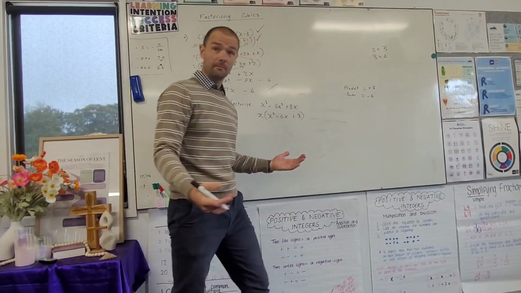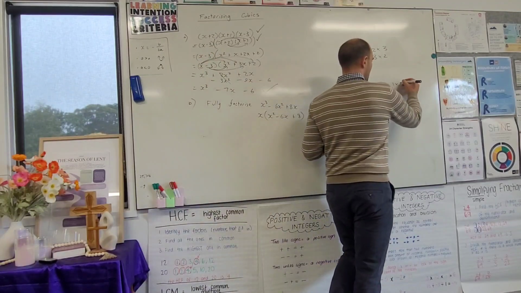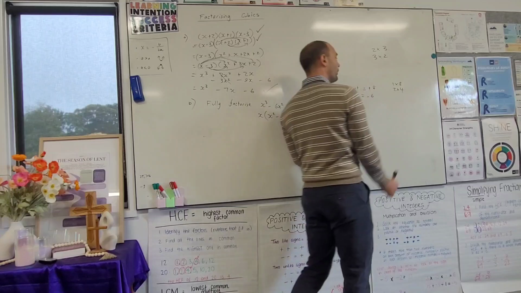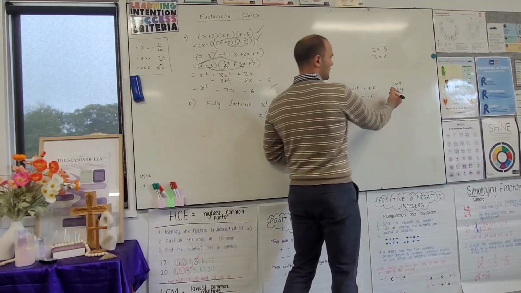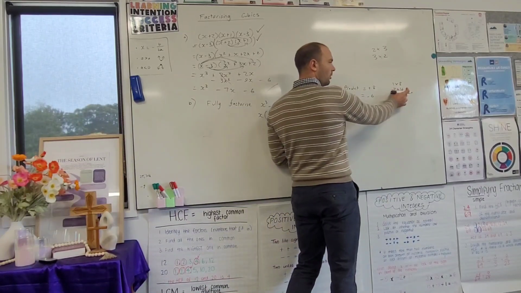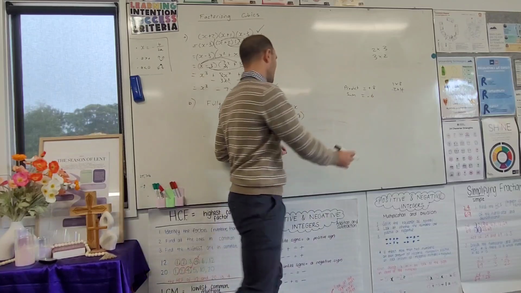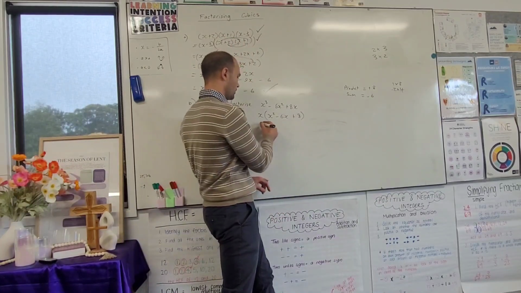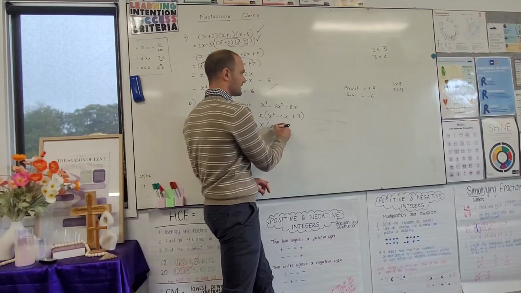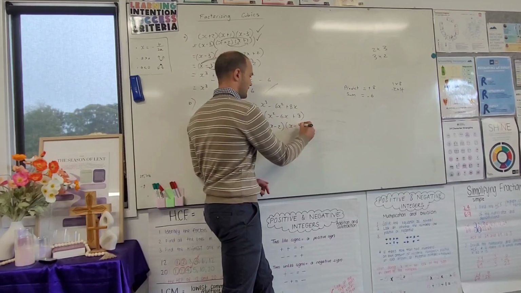And so you start thinking of multiples of 8. 1 times 8, 2 times 4. They both have to be negative because we have minus 2 times minus 4 gives you positive 8, but the sum is negative. So that's going to become X take 2, X take 4.